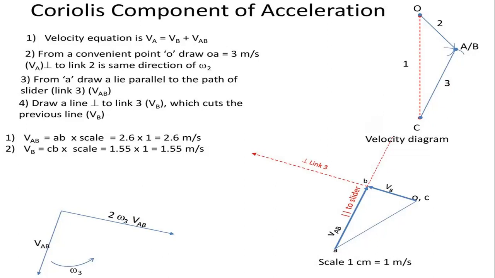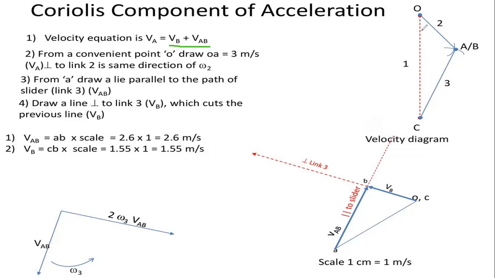So first we need to find the velocity of B, that is AB. The velocity equation is: velocity of A, plus velocity of B, plus velocity of AB.